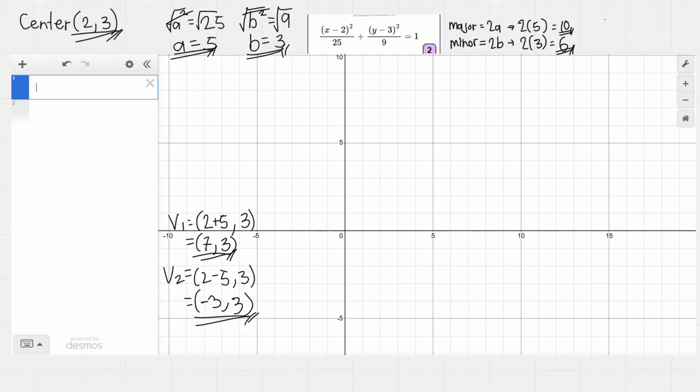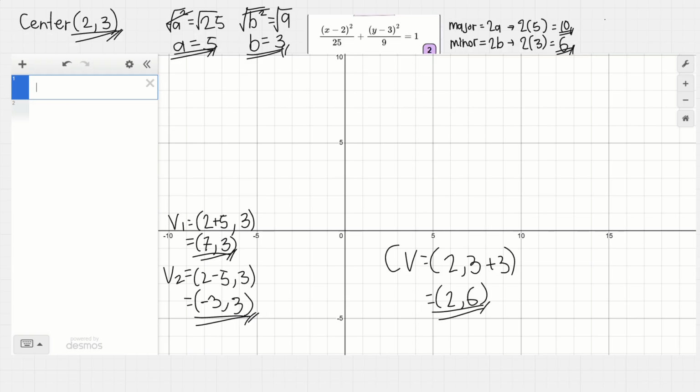Let's get our co-vertices. Now co-vertices will move on the y-axis. Let's go back to our center, which is 2, comma 3. Our y-axis will be changing and we're using the b value. So 3 plus 3, now we will get 2, comma 6.